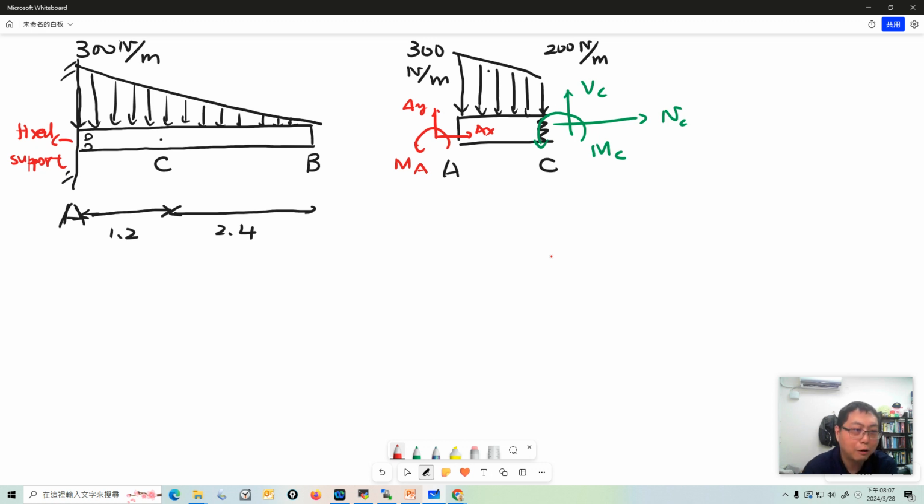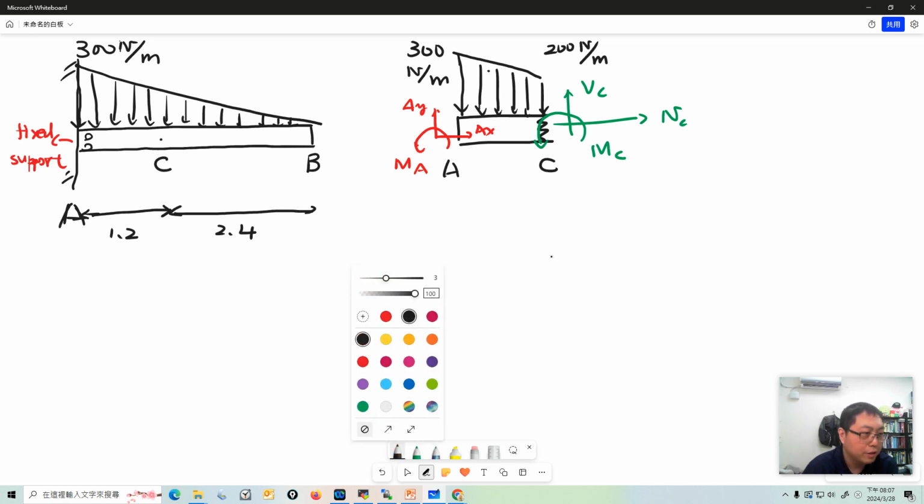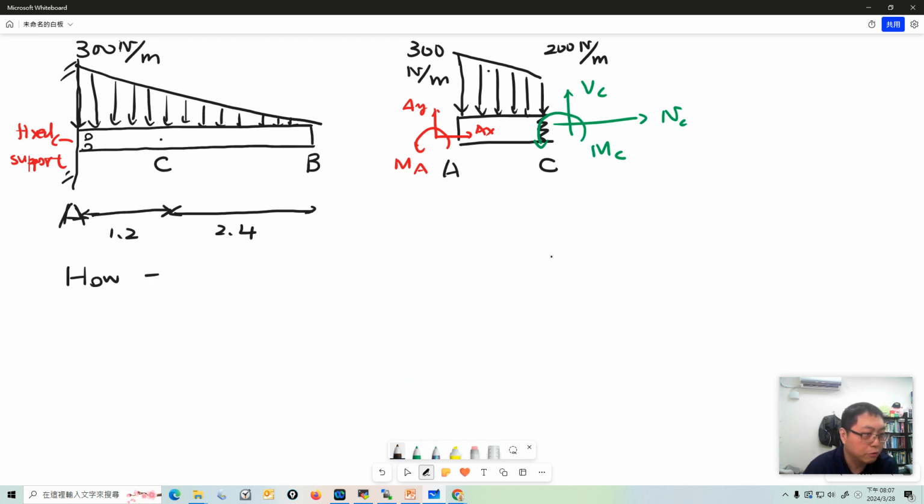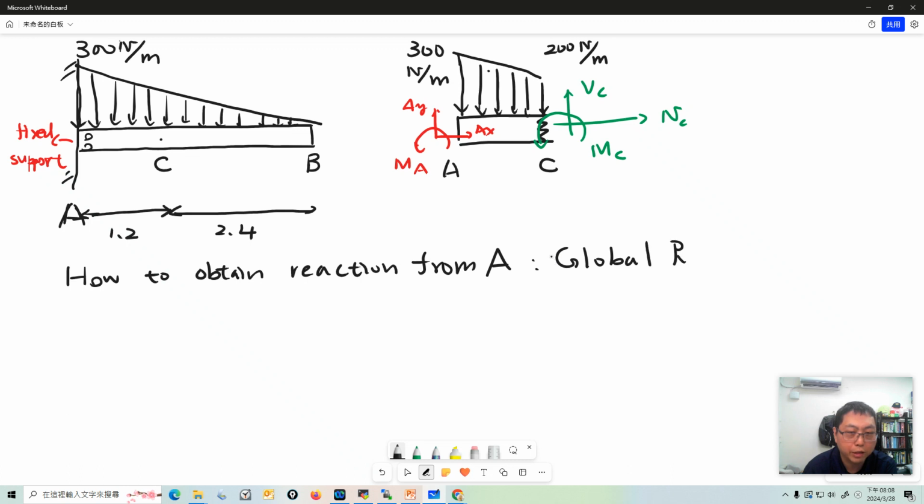First of all, how to calculate the reaction from A? You need to do the global rigid body equilibrium.